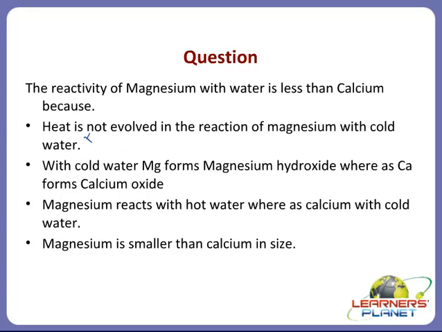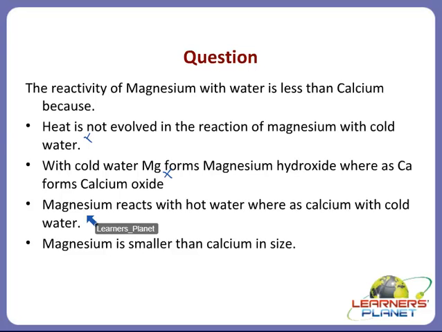When you are solving multiple choice questions, children, you should start ruling out the things first. With cold water, magnesium forms magnesium hydroxide, whereas calcium forms calcium oxide. No, oxides are formed only with steam, not with cold water or hot water. So this option is also ruled out.